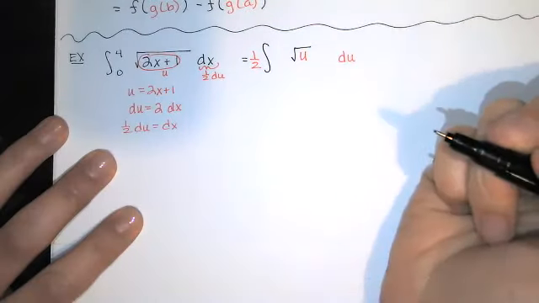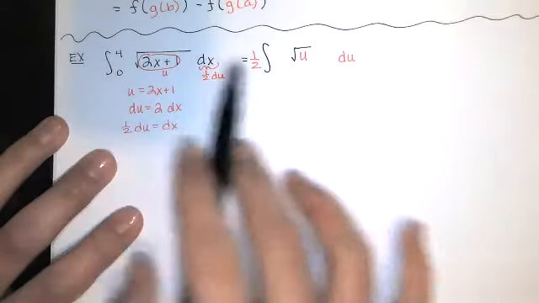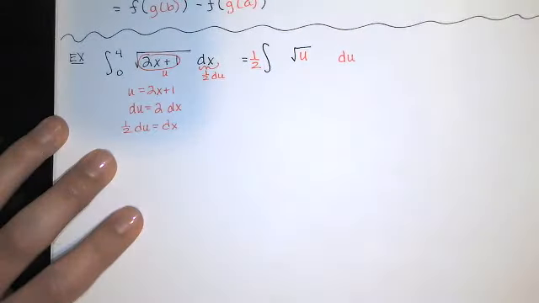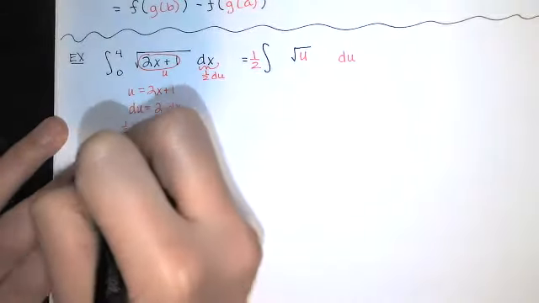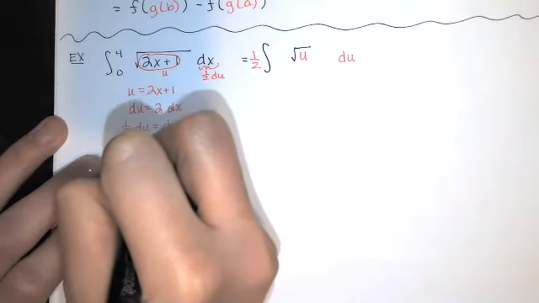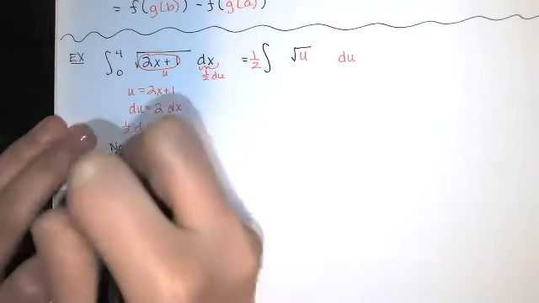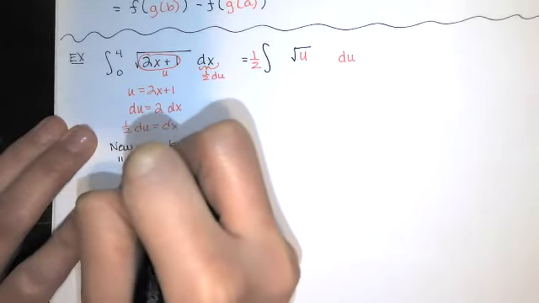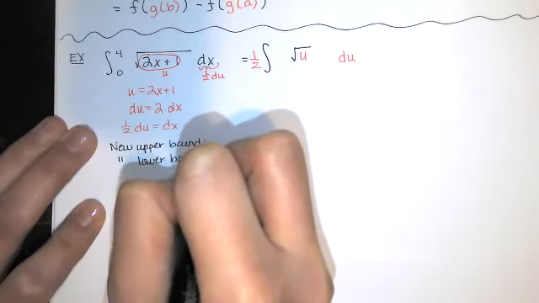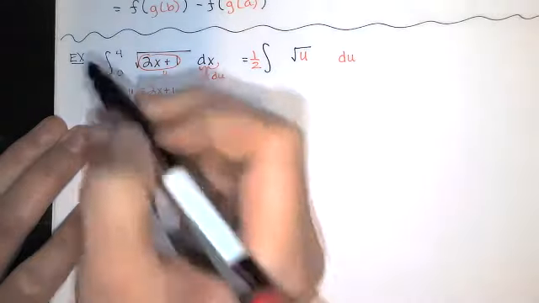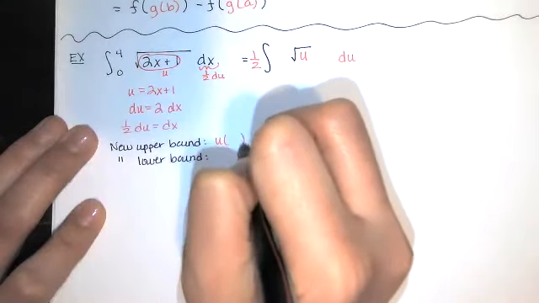So that's that. But this was a definite integral, so I need new bounds over here. So to get my new upper bound and my new lower bound, I just substitute the values of x that I have here into my formula for u.